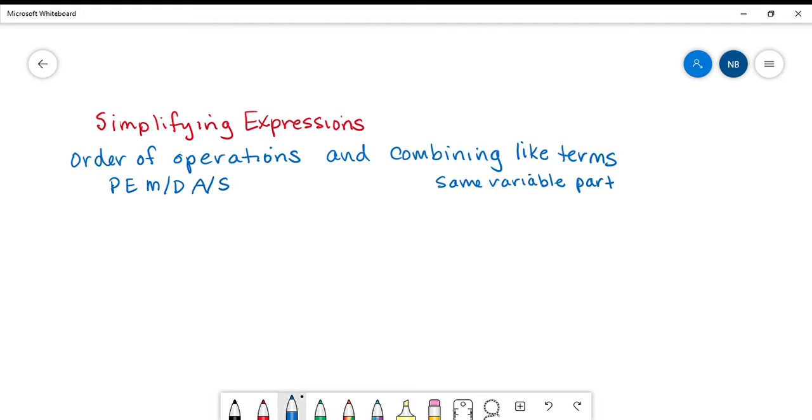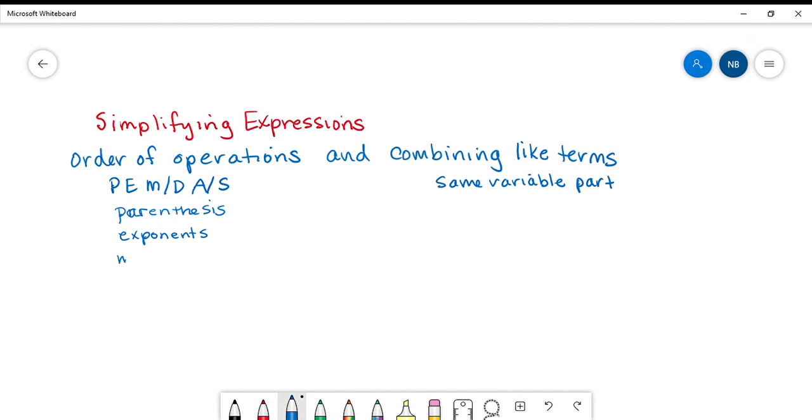The order of operations, symbolized by PEMDAS, stands for sort of a priority list. So priority 1 is to clear parentheses. Priority 2 is exponents.